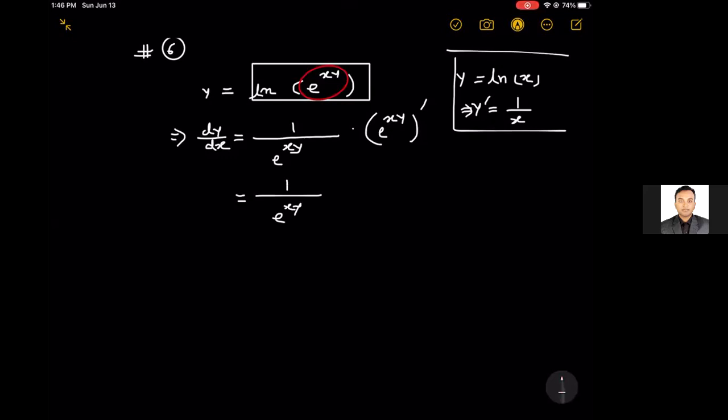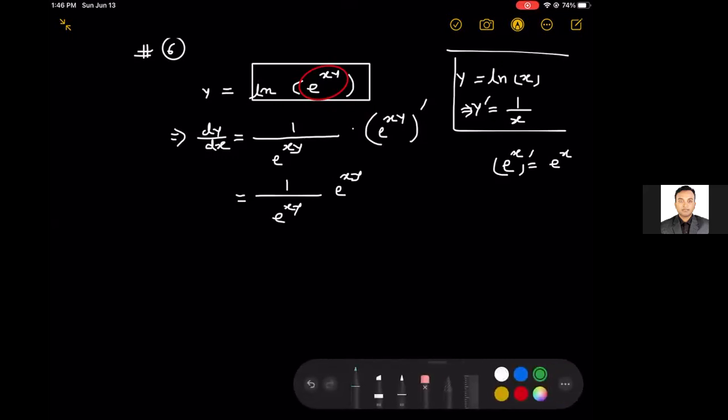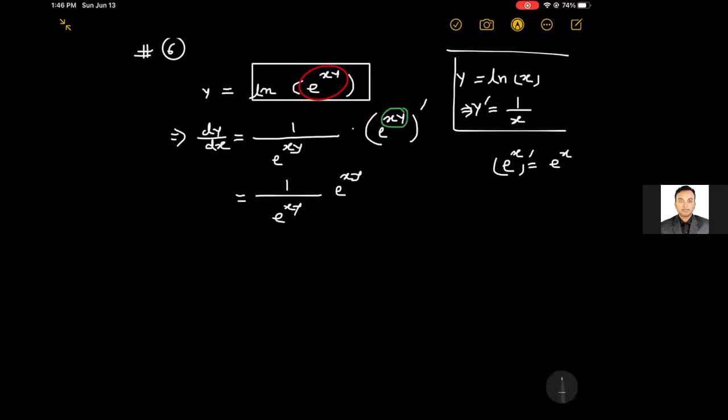And we know for e to the x, the derivative is always e to the x. We can actually keep it here, e to the x, right? But again, it's not exactly x, is it?